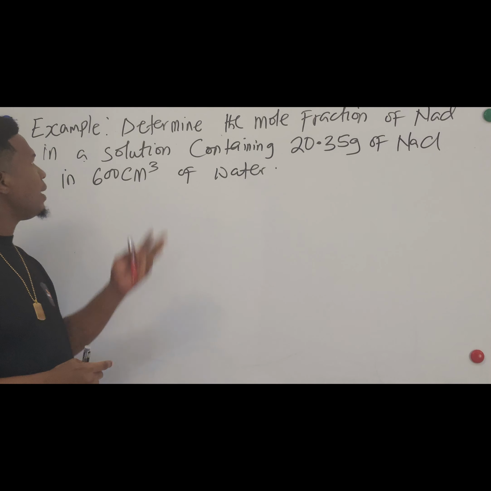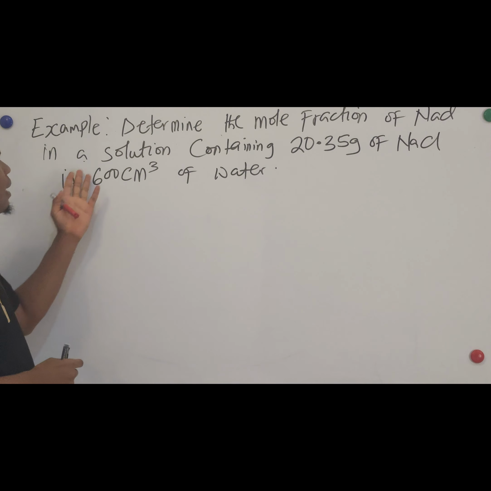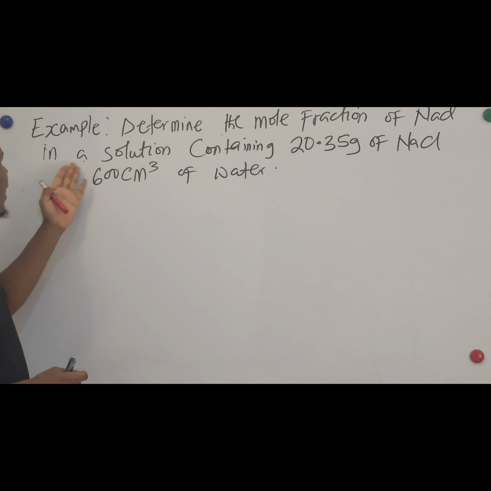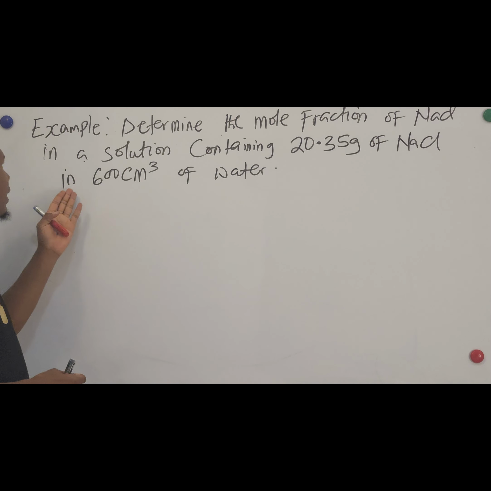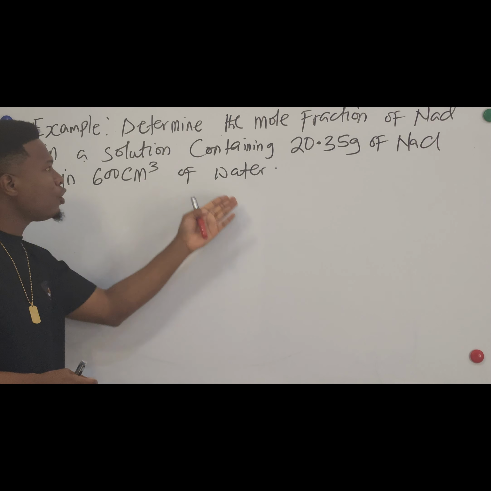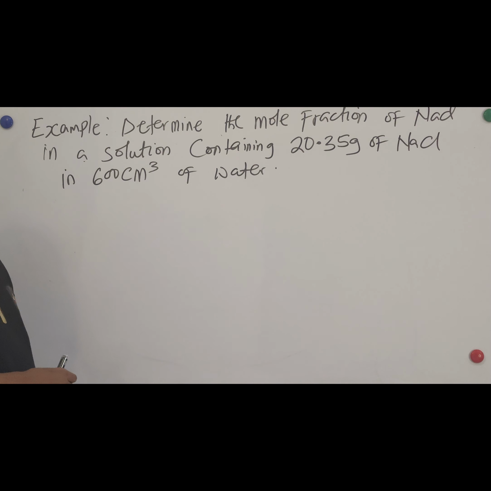Now, take a look at the question on the board. Determine the mole fraction of sodium chloride in a solution containing 20.35 grams of sodium chloride in 600 centimeter cube of water. Now, look at the question very well.